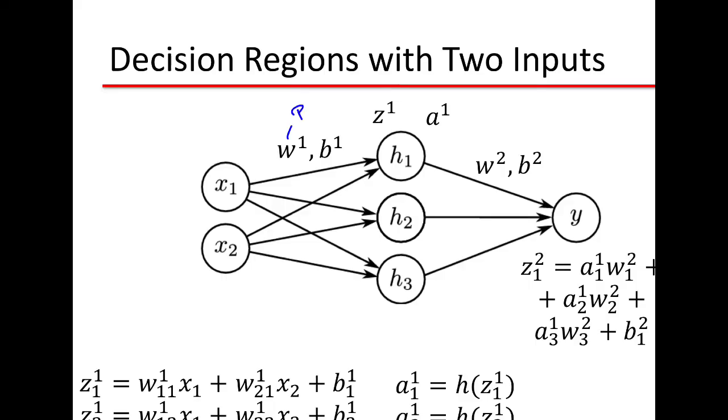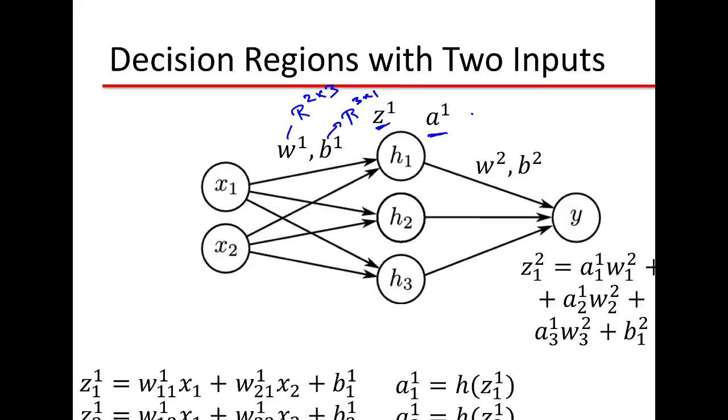So w1 is R 2 cross 3 and b1 is R 3 cross 1, and then w times x plus b will give you z1, and then you apply the activation function, you get the output, which is a1.